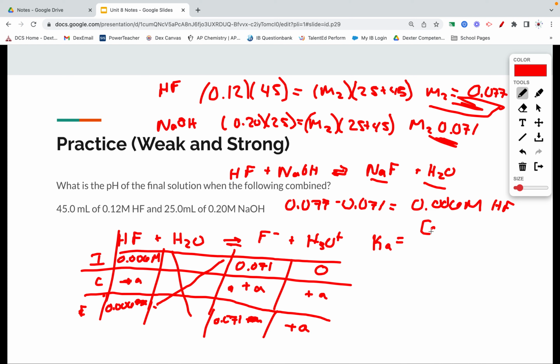Remember, it is products times products divided by reactants.